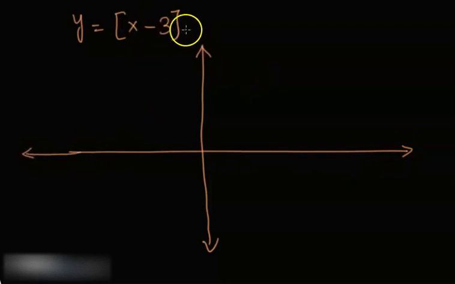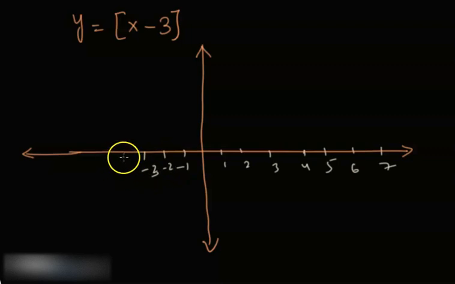Let me first label 1 2 3 4 5 6 7, minus 1 minus 2, minus 3 and so on.